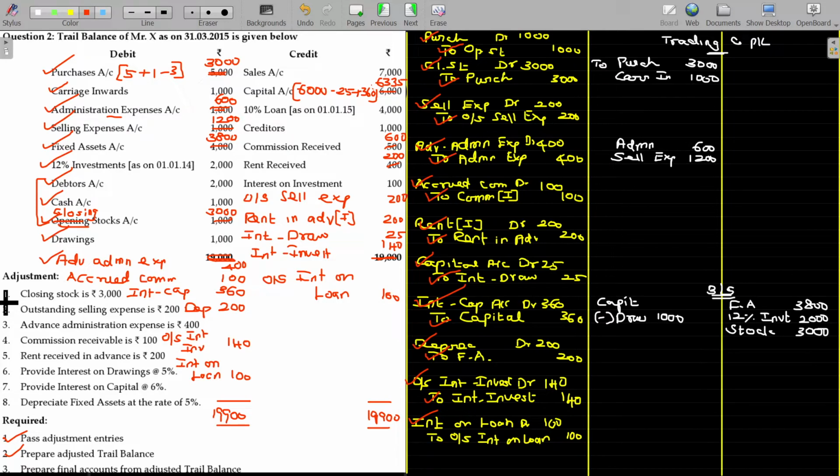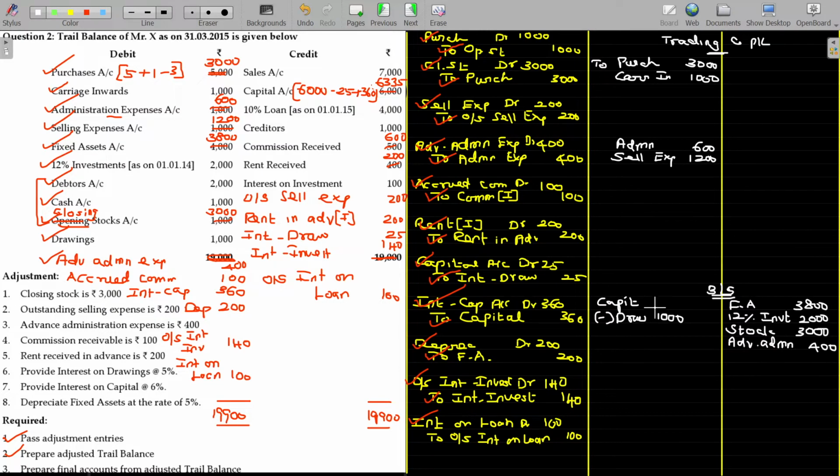So advance admin expenses, a representative personal account, should go to the balance sheet only. I am going to post that on the balance sheet asset side. Advance admin expenses. Okay, asset. This one is an asset for us, right? Advance admin, this value being 400.